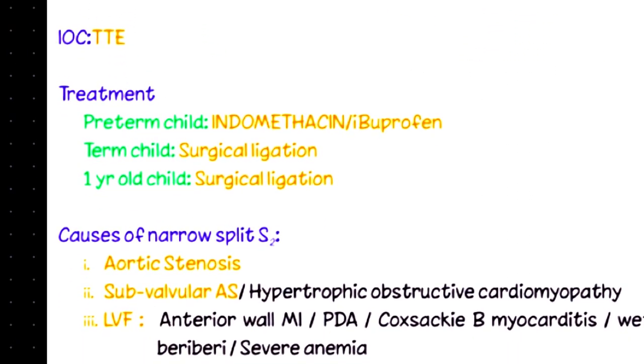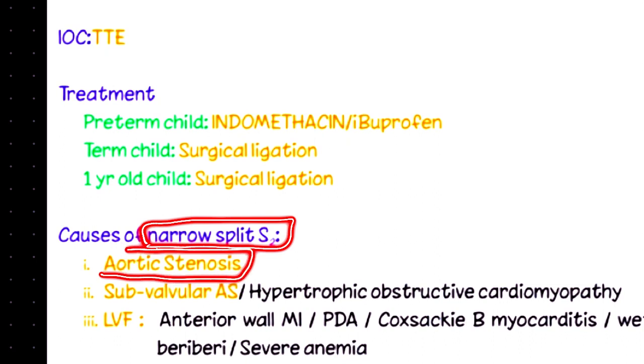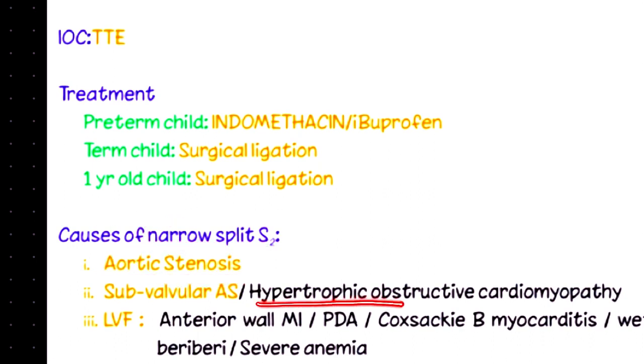Since patent ductus arteriosus is a condition with a narrow split of S2, similarly earlier we talked about aortic stenosis, which is also a condition in which we find a narrow split of S2. Also hypertrophic obstructive cardiomyopathy and soft valvular aortic stenosis.